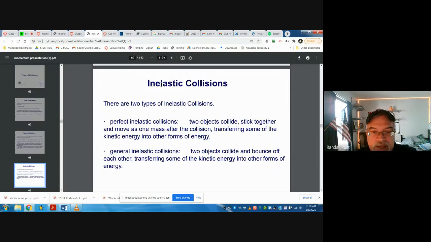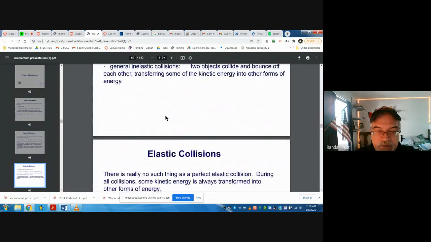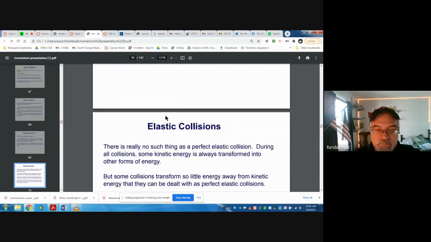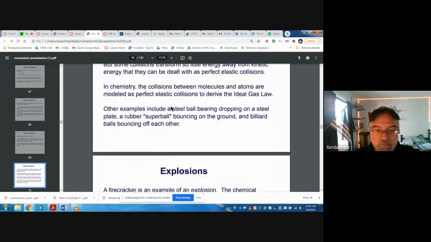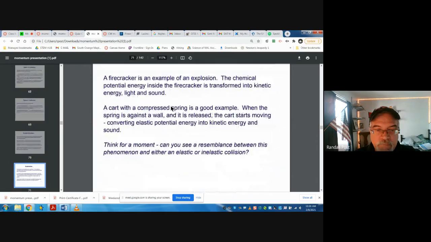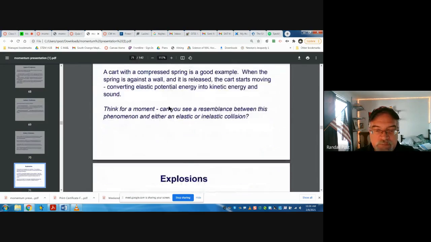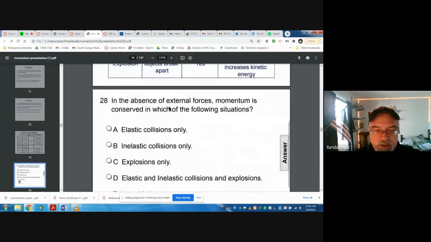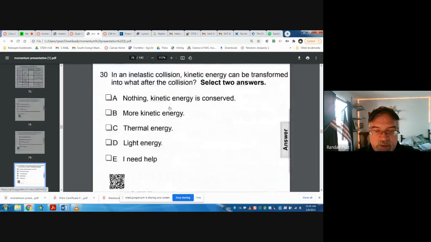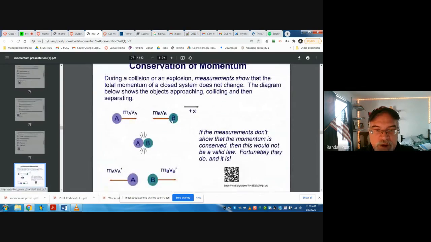All right, so inelastic collisions. Let's take a look at what that looks like as compared to elastic. Okay, and I mentioned explosions. Picture's worth 1,000 words, so here we go.